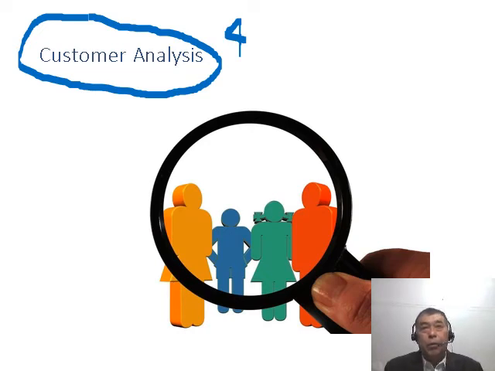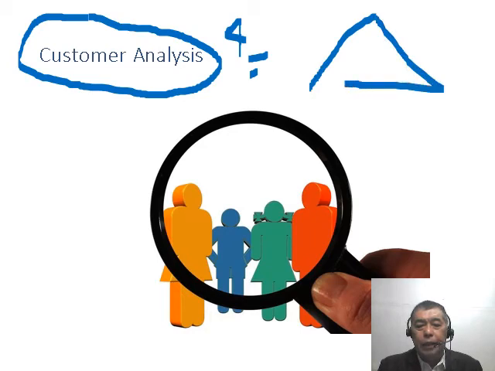To answer both questions, the foundation of marketing is the three C's, which is an equilateral triangle: the company, the competitor, and the customer.